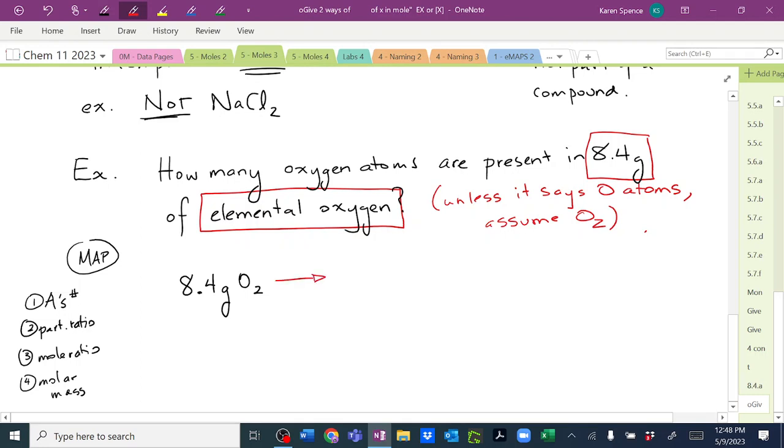We can convert that into moles. And which conversion factor would we use for that? Molar mass. Moles of what? Moles of O2, okay? And in order to do that, we will use the molar mass of O2.